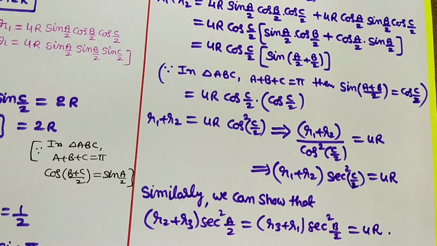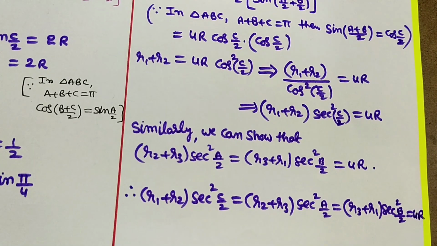Therefore, conclusion: (r1 plus r2) into secant square C by 2 equals (r2 plus r3) into secant square A by 2 equals (r3 plus r1) into secant square B by 2 equals 4R. Hence proved.